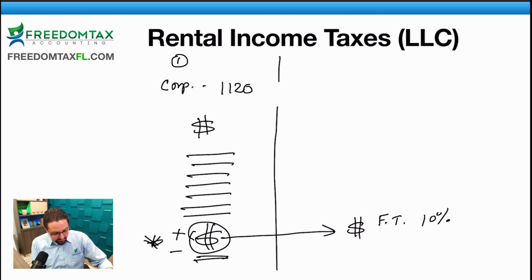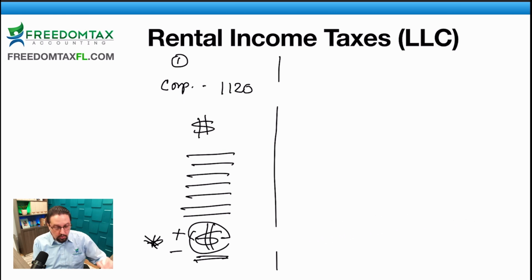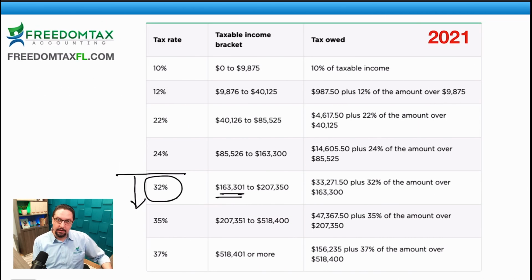In this case, this net profit does not flow through the owner's tax return, but the corporation pays a flat, right now it's a flat 21% corporate tax, which is a lot lower than 32%.